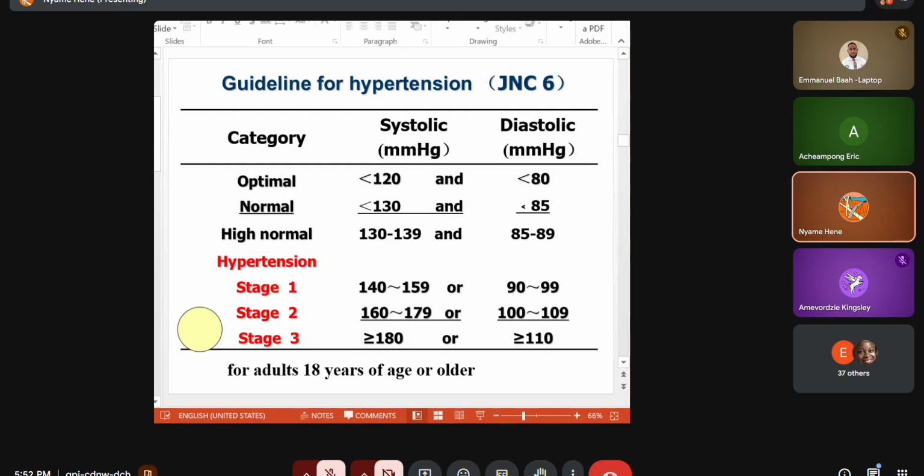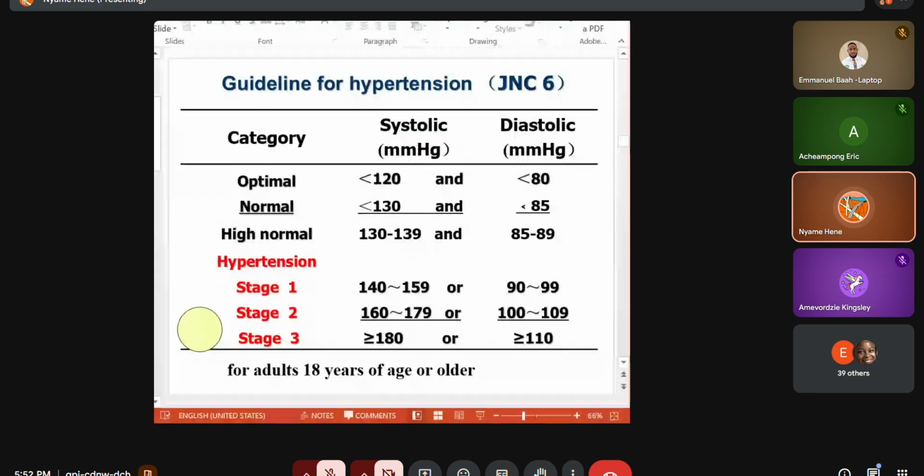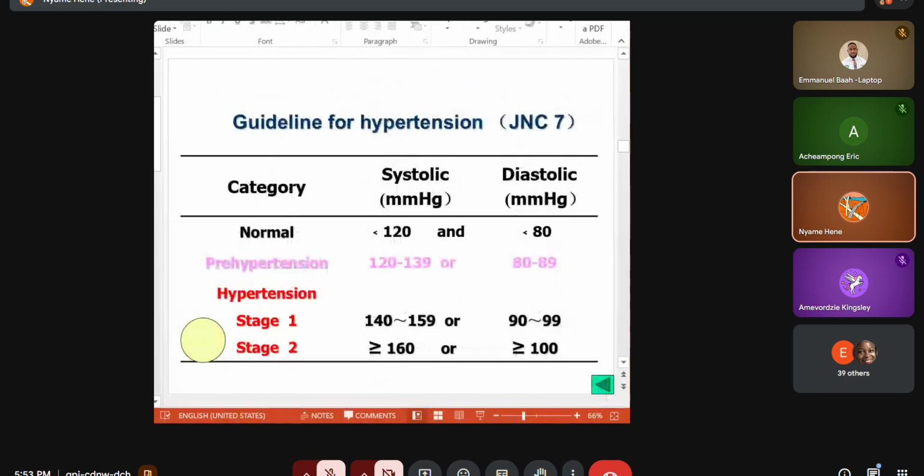The optimal blood pressure is 120/80. Anything less than 130 systolic and diastolic less than 85, we say normal. There are two classifications: we have the JNC7 and the JNC6. We also have the American standard.